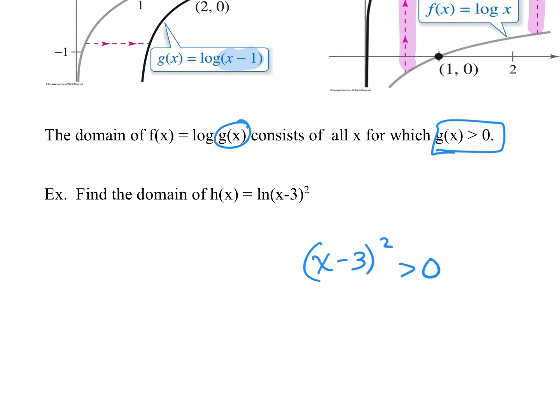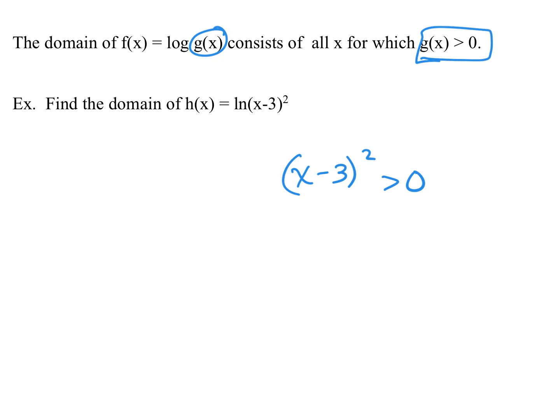Well, I can deal with this type of inequality pretty easily. I have one critical value on my number line, and that occurs at 3. And we can test some values to the left and right. Let's test x equals 0, and let's test x equals 10.